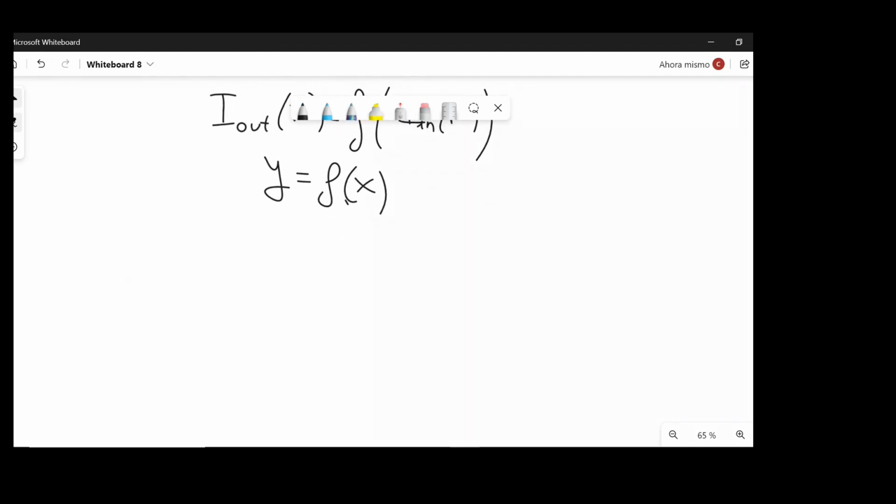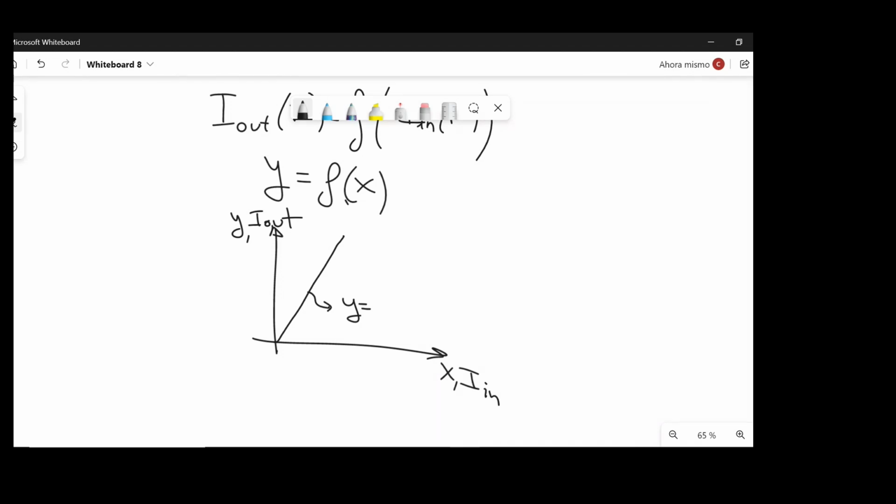This means that if I have an input value, I have an output value, so there will be some transformation. Let's say that we have this transformation y, and let's forget for the moment that it is defined between 0 and 5, so they can take any value.